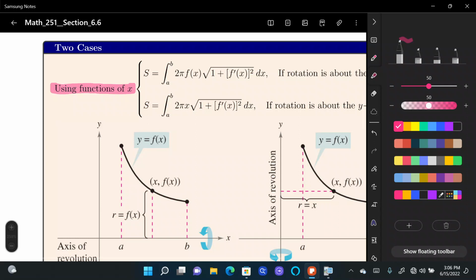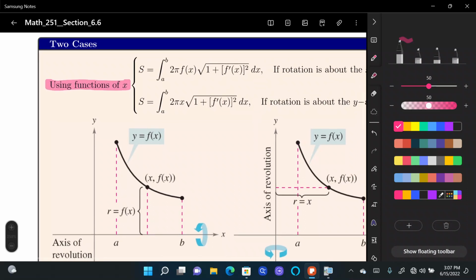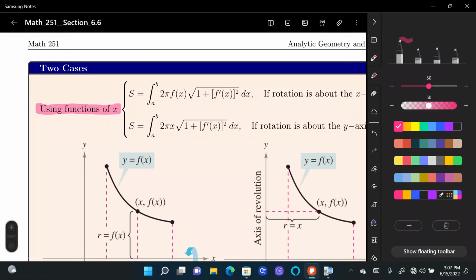Now, it's this f of x that I have in here. This f of x and the x both represent, okay, let me use a different highlighter here because this is important.